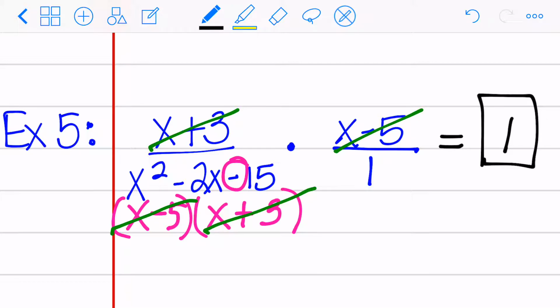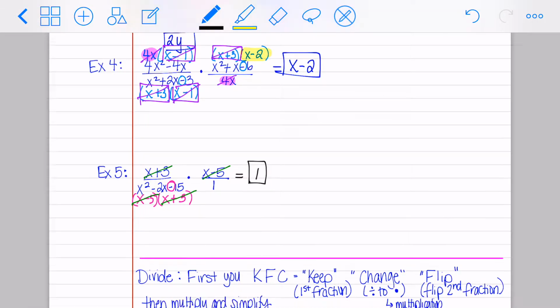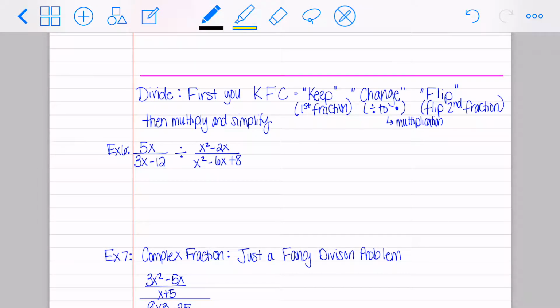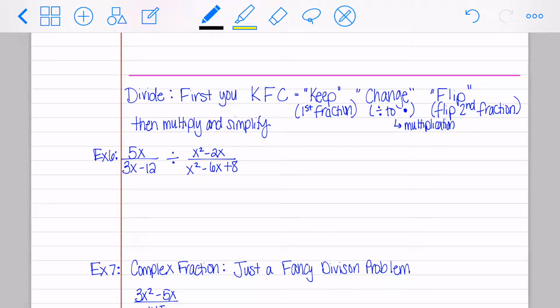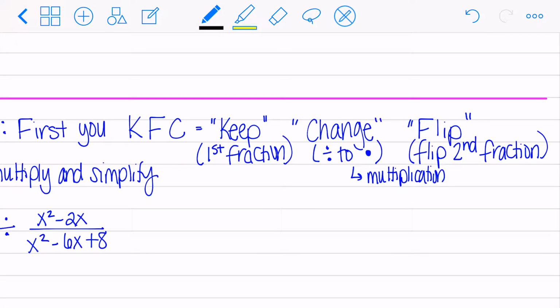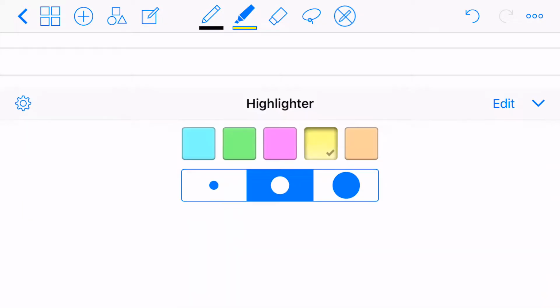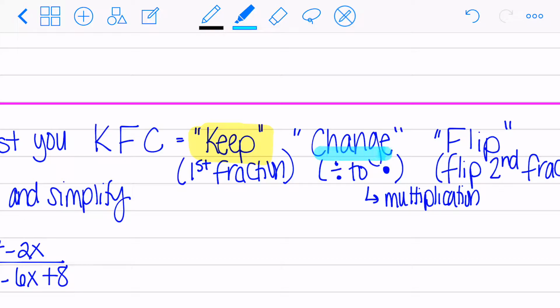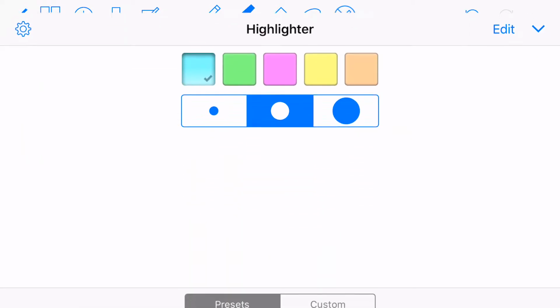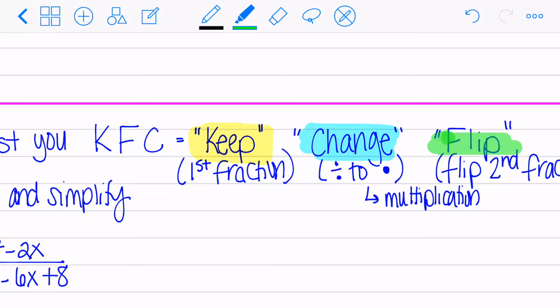It's fun. Okay, so next, let's get into dividing. So when we divide, you have to think of KFC. You're going to have to think of keep, change, and flip. So I'm going to highlight keep, change, and flip.